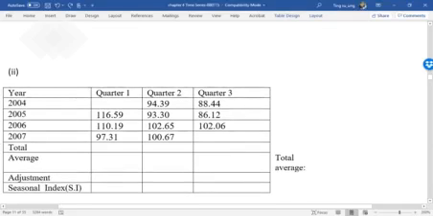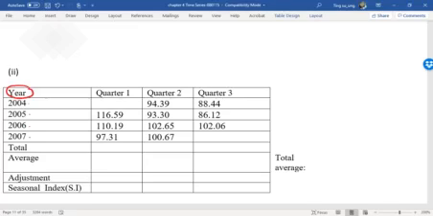Now just to share with you again. Your seasonal index table, you must include the year, you must include the quarter 1, 2, 3, or you can write down the first term, second term, third term, by following the question. So how many years? 2004, 2005, 2006, 2007.